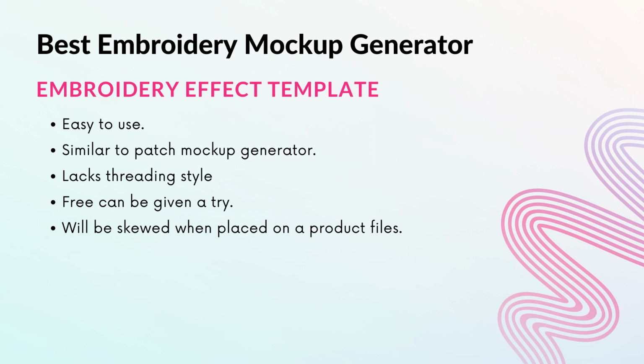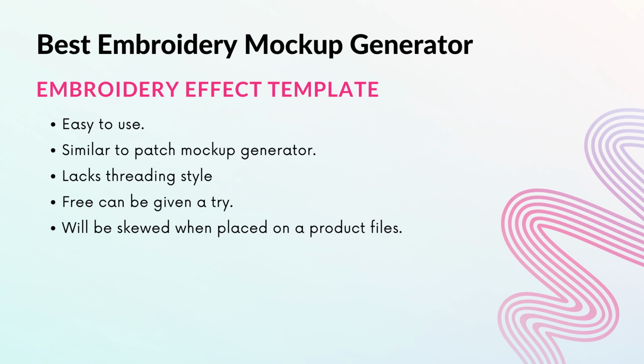The best part is you get it for free, so you can test it out and see how effective it looks on your design. The effect, I would say, is similar to what we saw in the patch mockup, but in the patch mockup generator we had at least 6 different styles of thread running across the embroidery effect, but on this we have only a simple one, and it lacks the threading style.